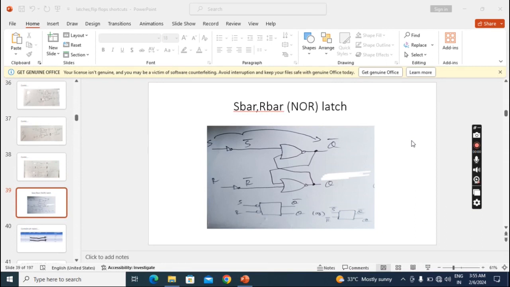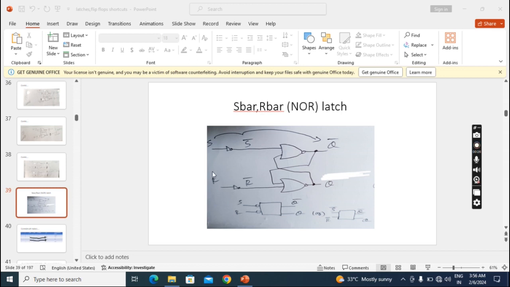In this lecture, we will discuss the S bar R bar latch. Here I have taken a non-gated SR NOR latch and connected an inverter to S, so it became S bar, and connected an inverter to R, so it became R bar. Those S bar and R bar values go to the non-gated SR NOR latch.